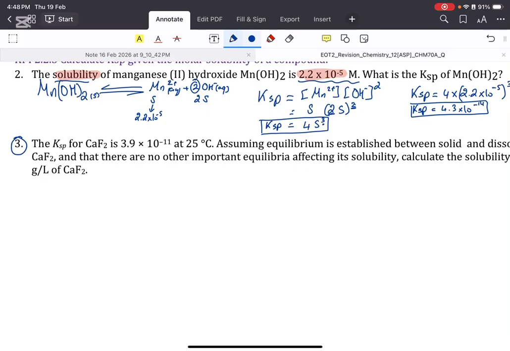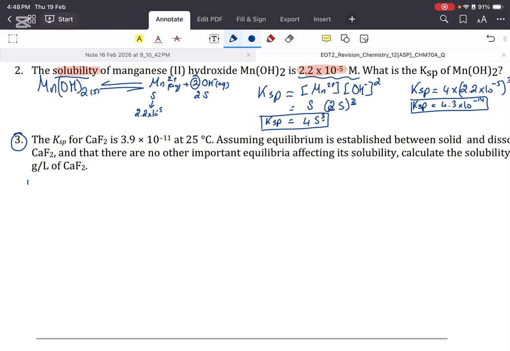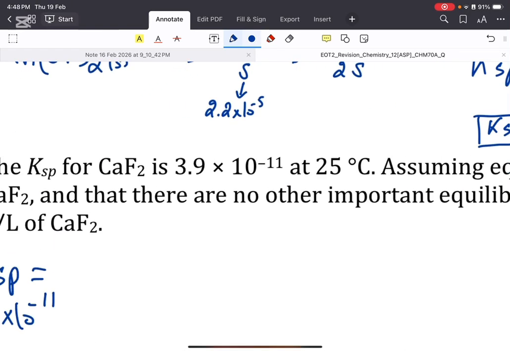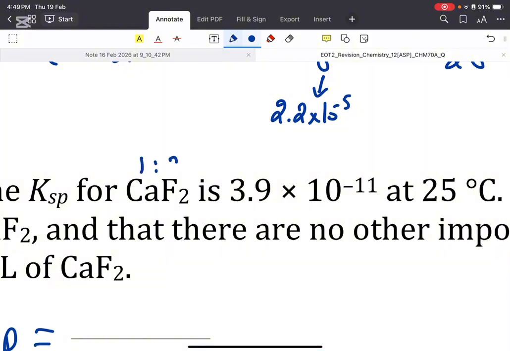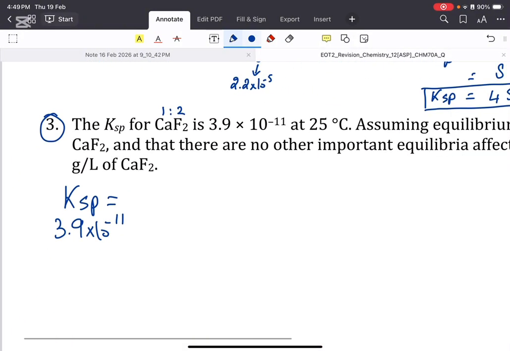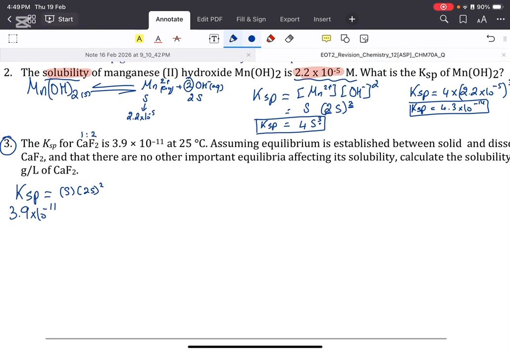The KSP of calcium fluoride is 3.9 times 10 to the power negative 11. So they gave me the KSP to be 3.9 times 10 to the power negative 11. Now this one over here is a 1 to 2 ratio, so I expect it to be S with 2S. I'm going to show it to you on the equation.